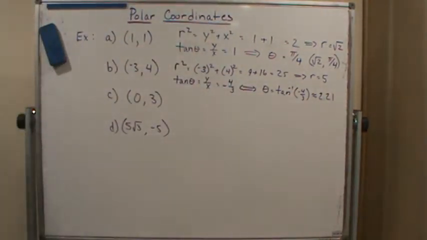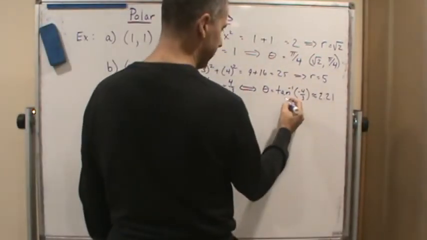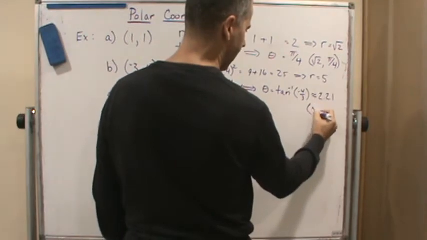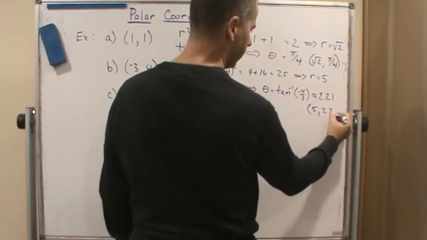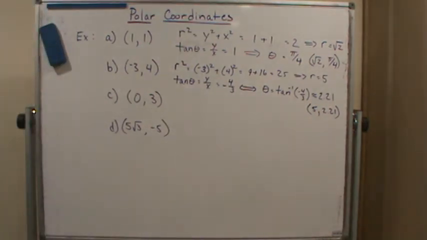If you put it in your calculator and take the arctangent, you're going to get approximately 2.21. And so the point in polar coordinates would be 5, 2.21. That's it.